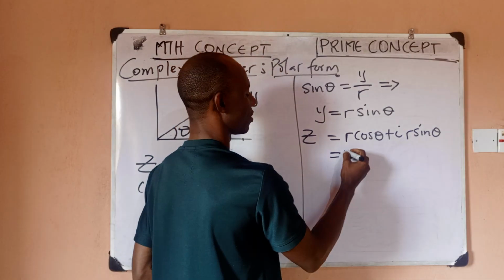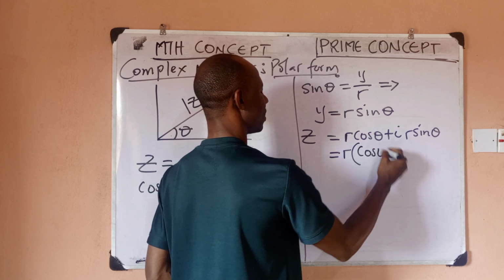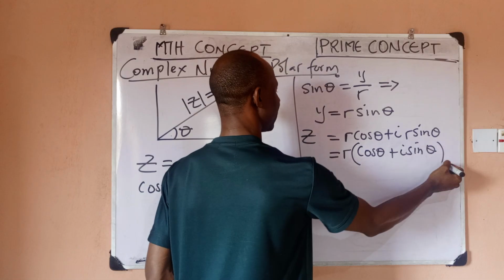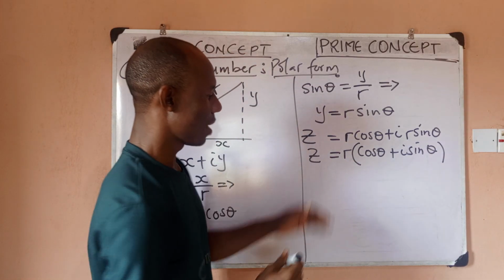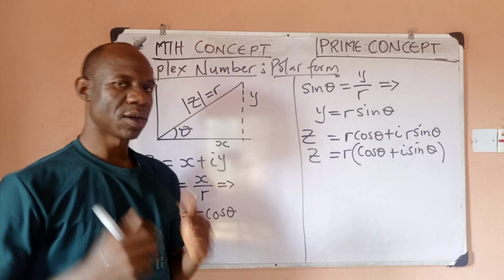So if I factorize r, I'll be left in this bracket with cos theta plus i sine theta, which becomes z. So that what we have actually gotten is what we know as what? The polar form of complex number.